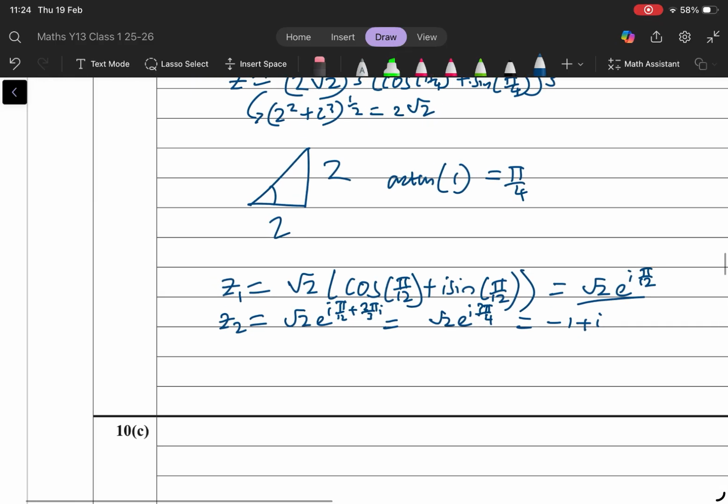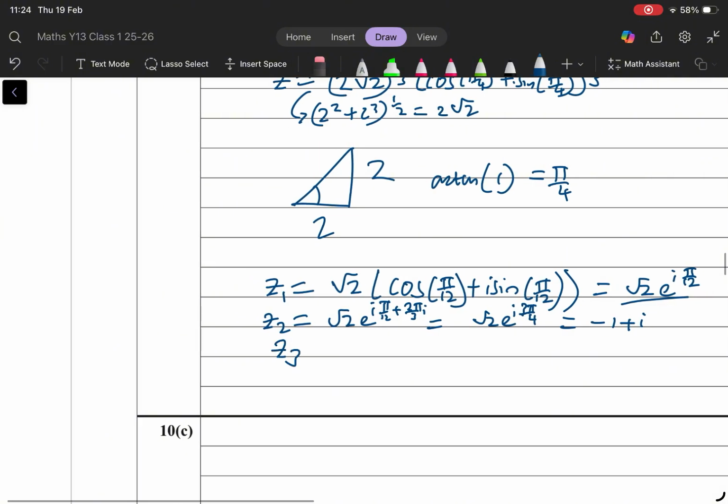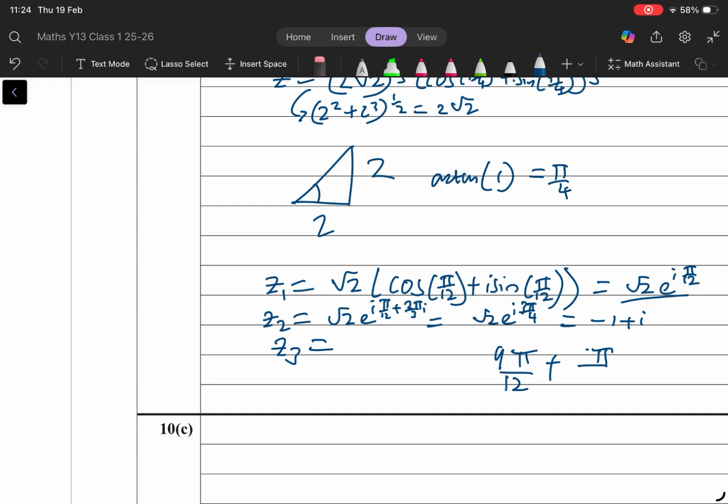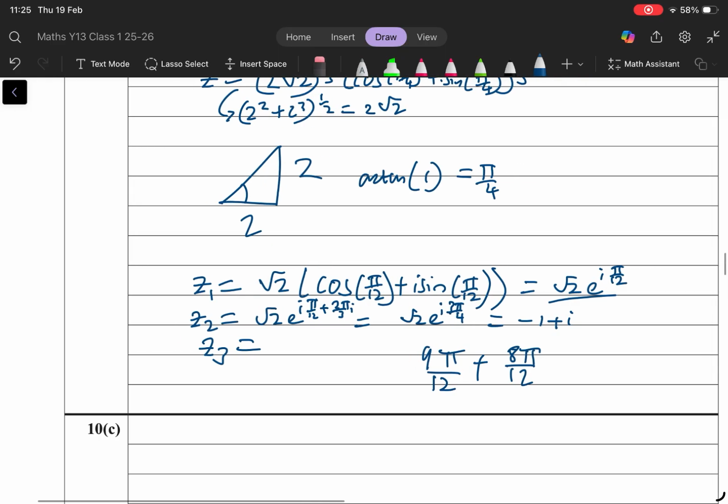And then z3 is going to be our solution that we want, which is going to be root 2 e to the i, and then, well, we've got pi over 12 plus 2 pi over 3 times 2, which is 8 pi over 12, which is equal to 17 pi over 12.